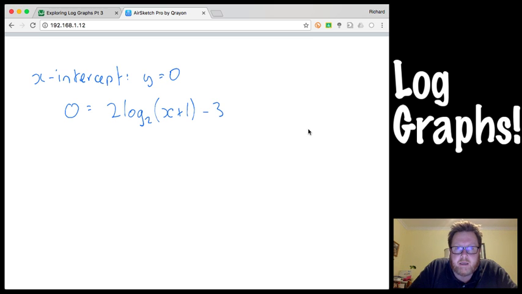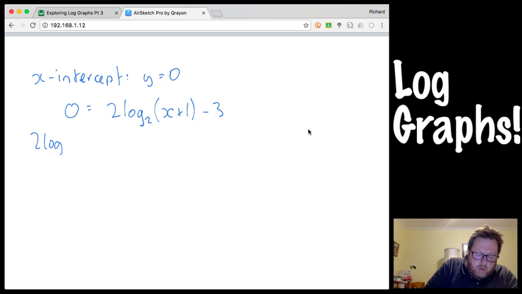So that is our equation which we need to solve. So let's go for it. I might just move everything over to the other side of the equation, so that'll make it 2 log base 2 of x plus 1 minus 3 equals 0. Just easier to deal with from there.